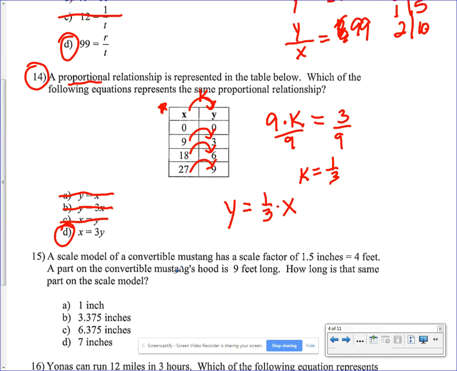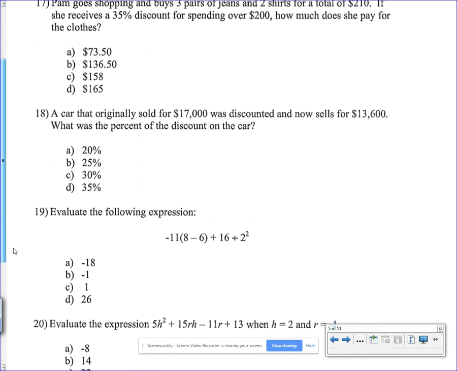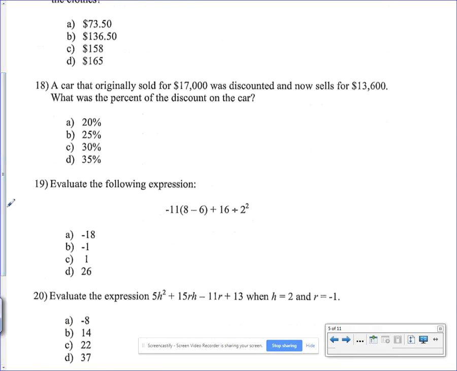All right, 15, 16, I think those ones on the rest of this page should be okay. Please turn to the next page. 17 and 18 are percent ones. I think you can figure that out.